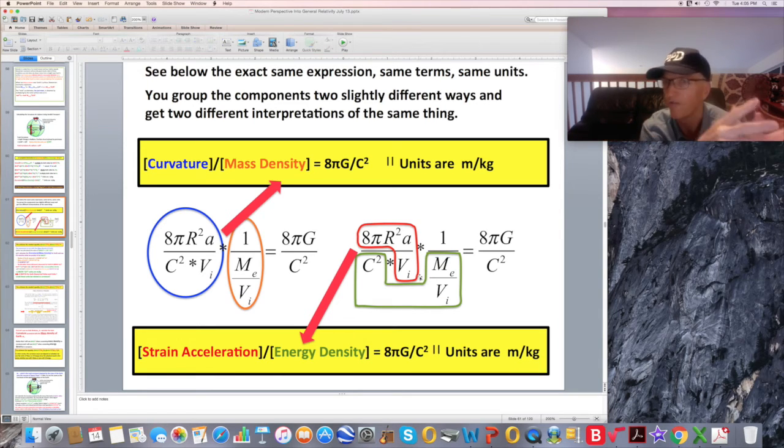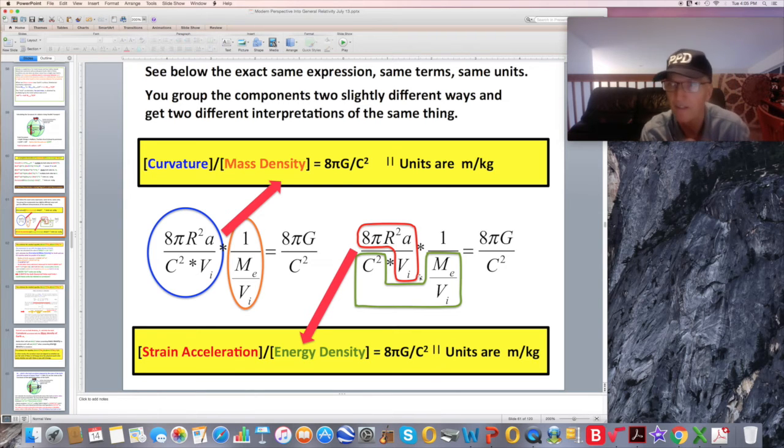Now, I've talked about stress and strain earlier. But if you group the same thing in a slightly different way, as you did on the left, you have the curvature divided by the mass density. And it sounds like a different animal. But what's so important is to be bilingual in this respect, because it's not a different animal. This is the same darn thing.